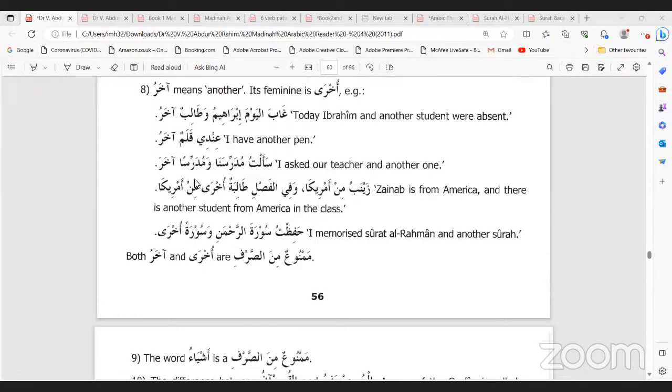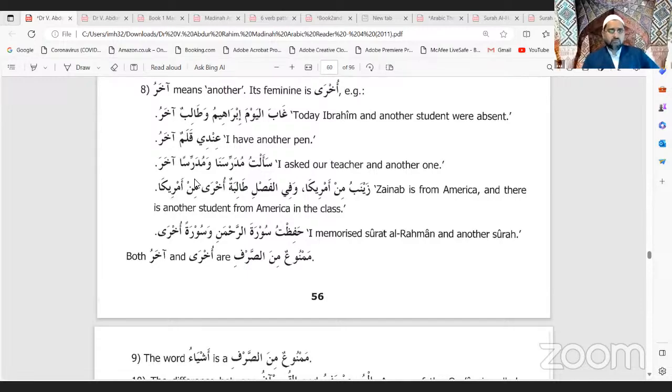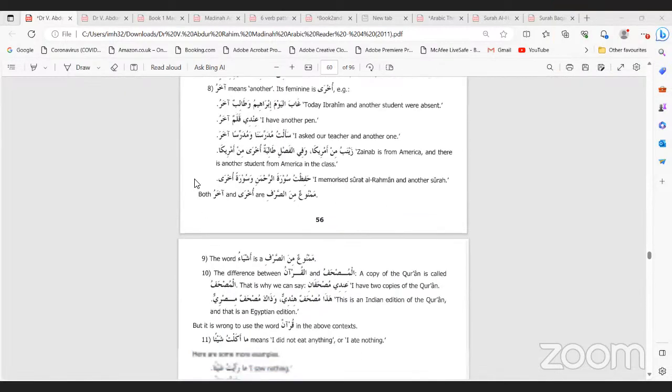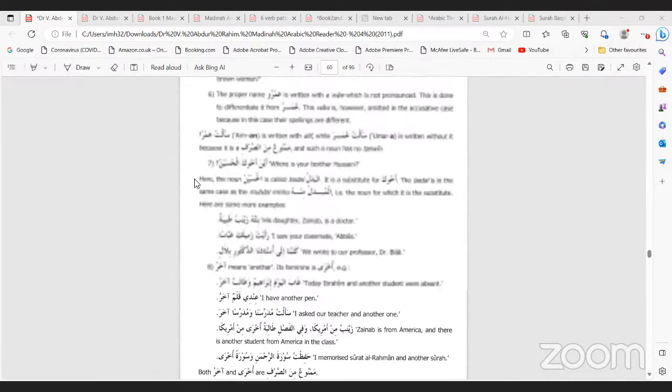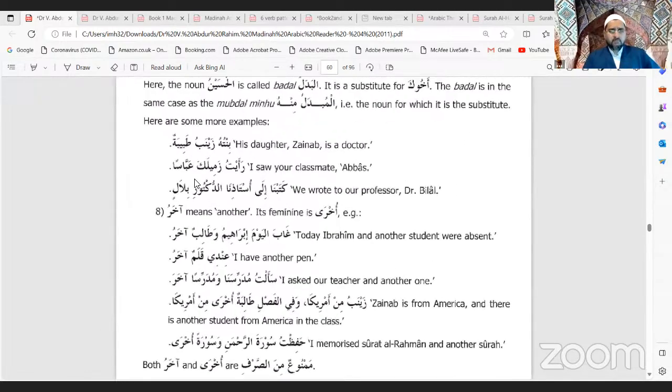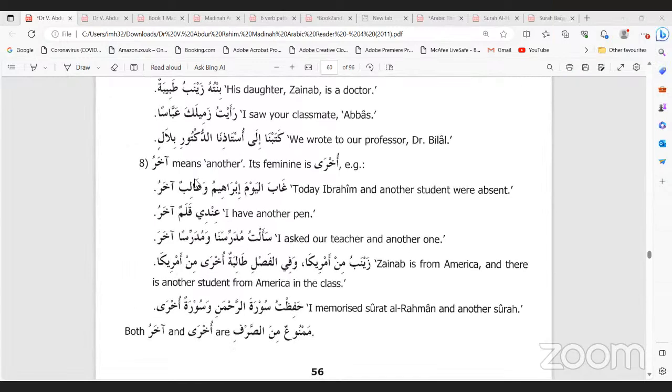Indi qalamun akharun. I have another pen. Sa'altu mudarrisana wa mudarrisan akhara. I asked our teacher and another one.